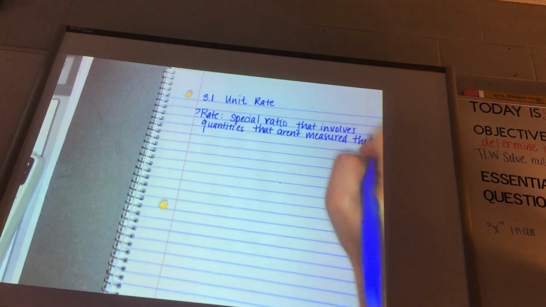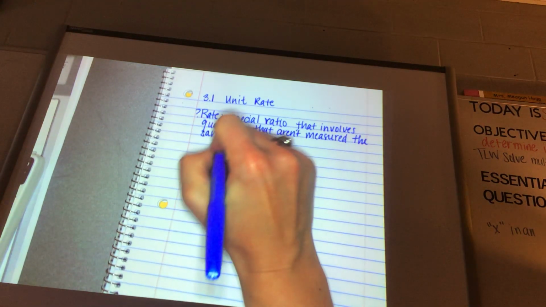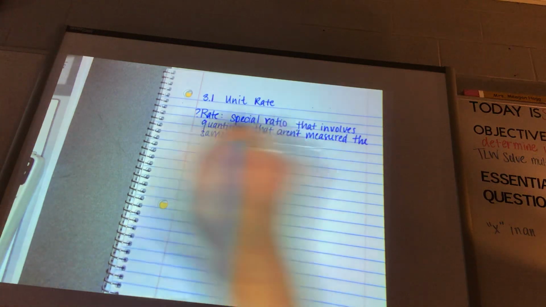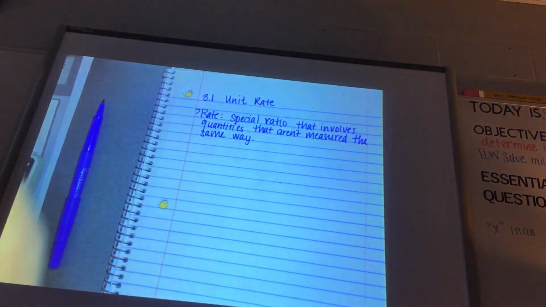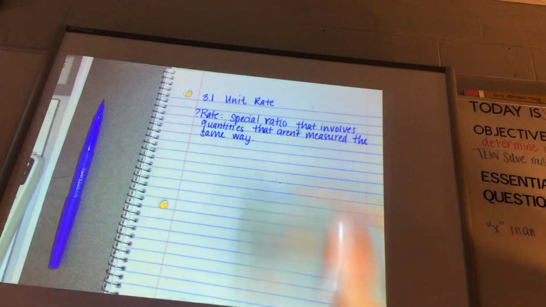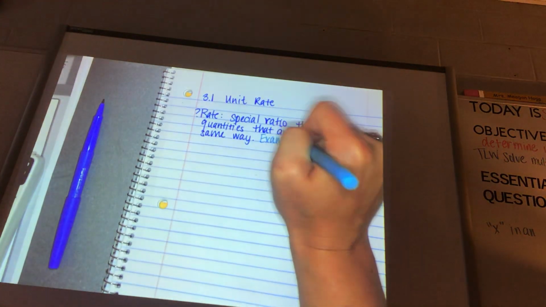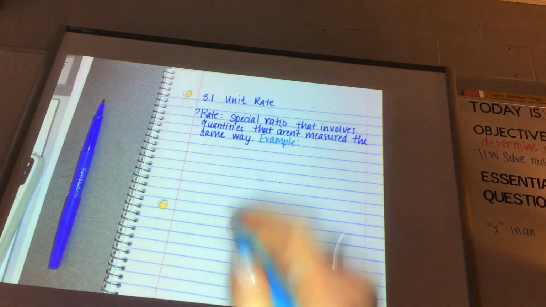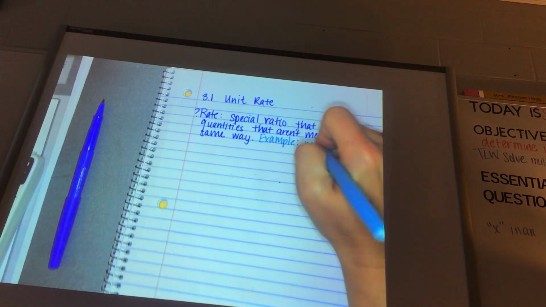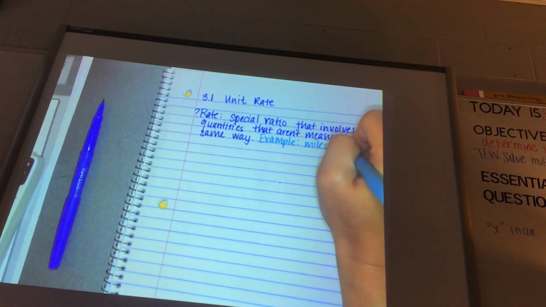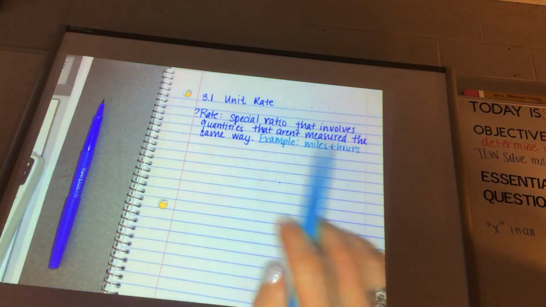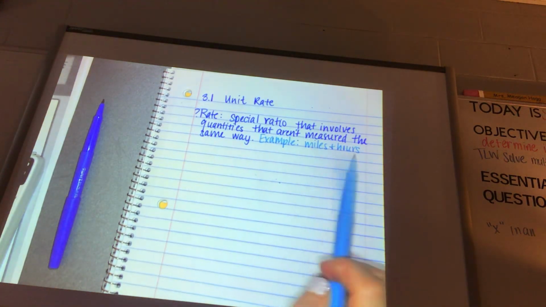And here's an example. An example is the ever popular miles and hours. So miles and hours are two different quantities, but when we put them together in a rate, we say miles per hour. Okay?